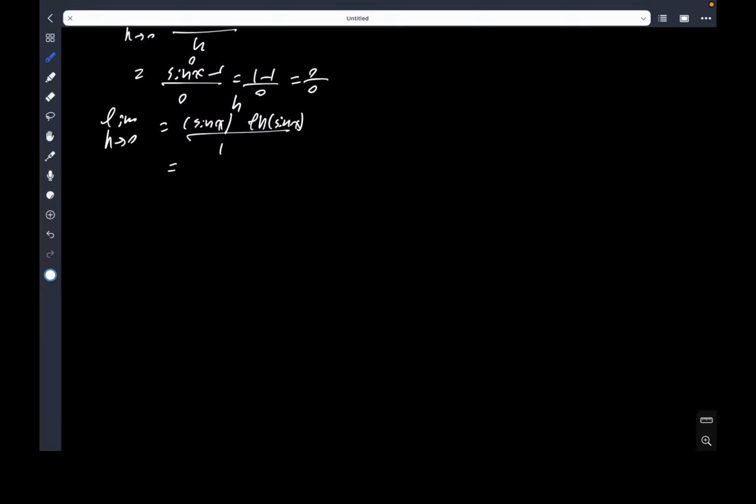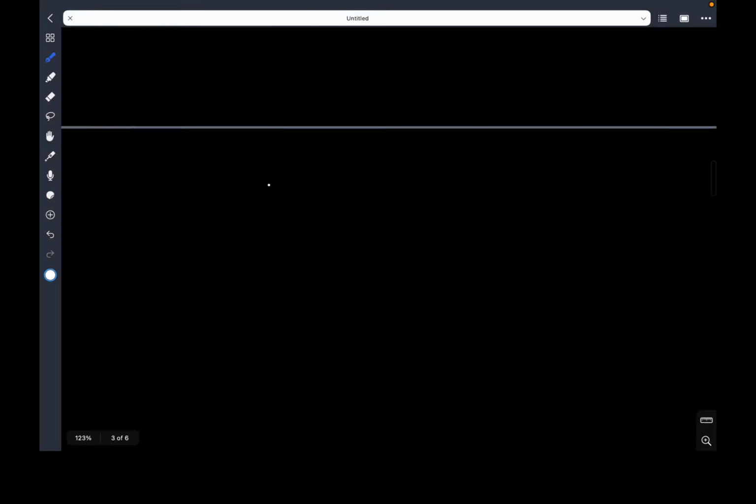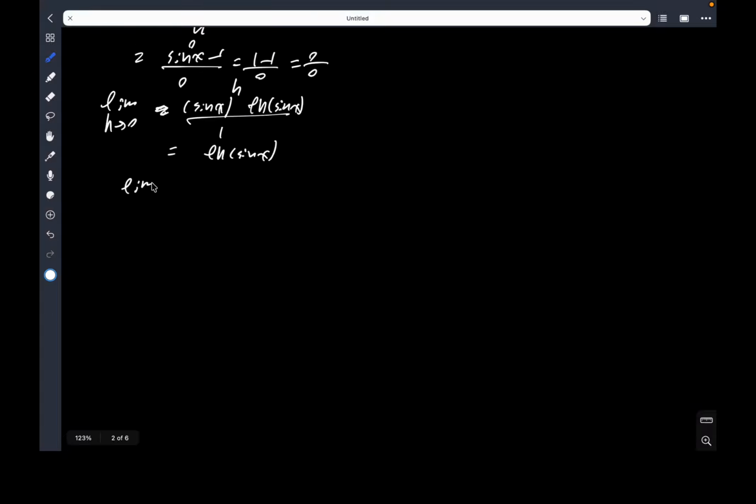And if we plug in h equals 0 now, we're going to get ln of sine x. Thus the limit as h approaches 0 of sine x to the power of dx minus 1 over dx is ln of sine x.